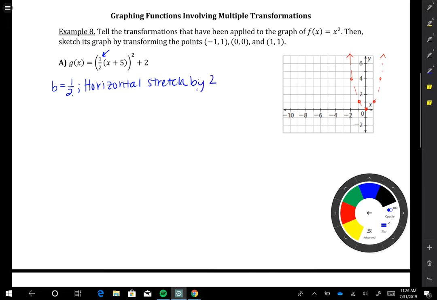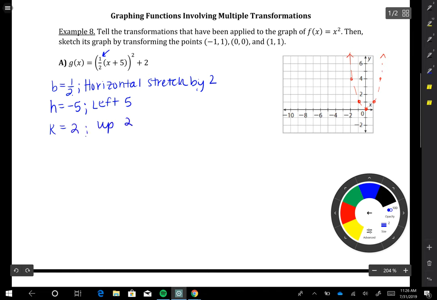Then I have x plus 5 inside the parentheses. So x plus 5 helps me know that that's going to move left 5. That's my h value, and the h value is going to be negative 5. So we're moving left 5. And then the plus 2 at the end is our k value, positive 2. So we are moving up 2.